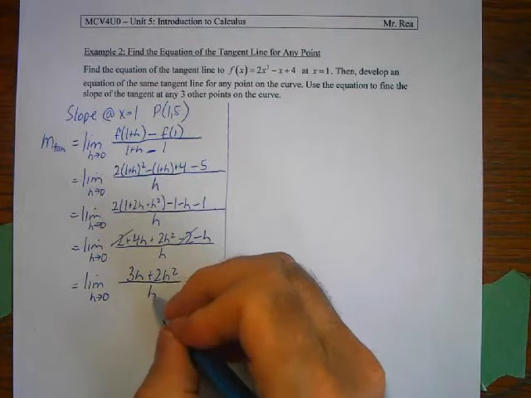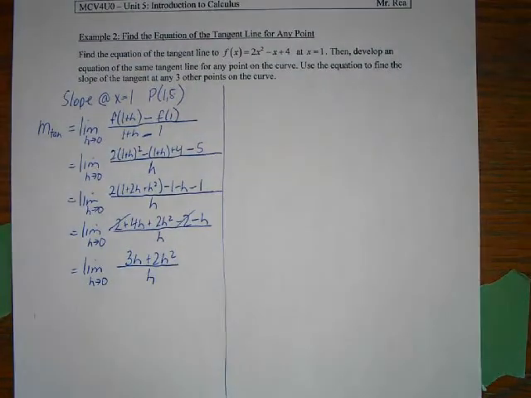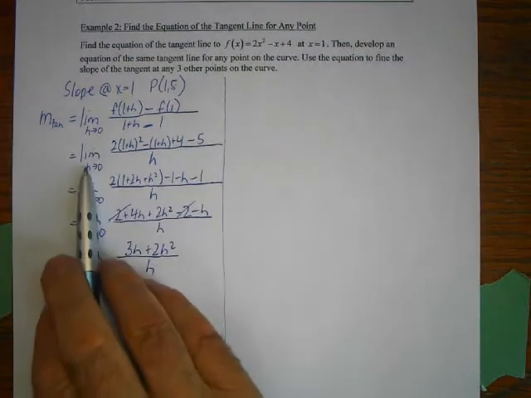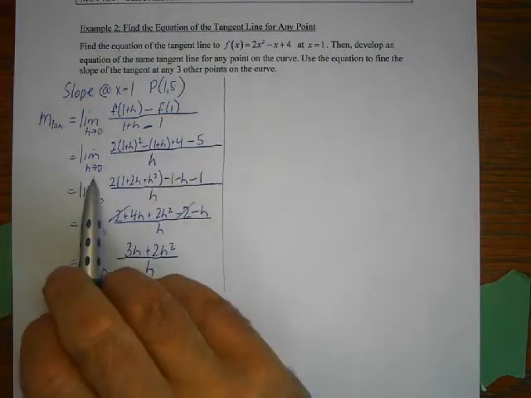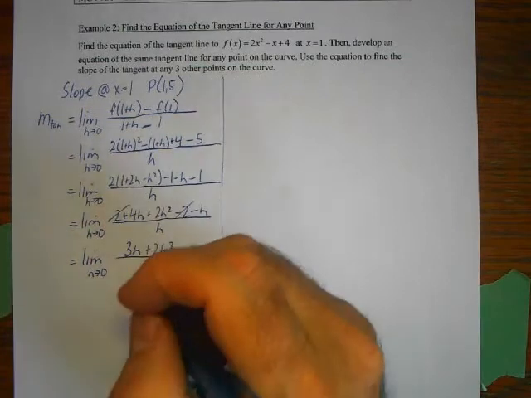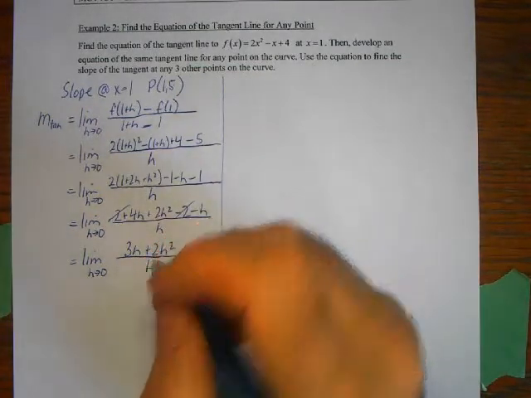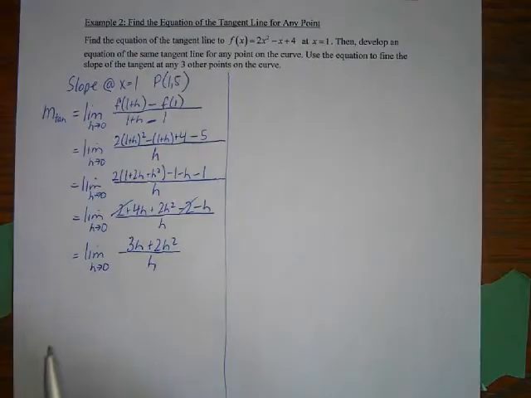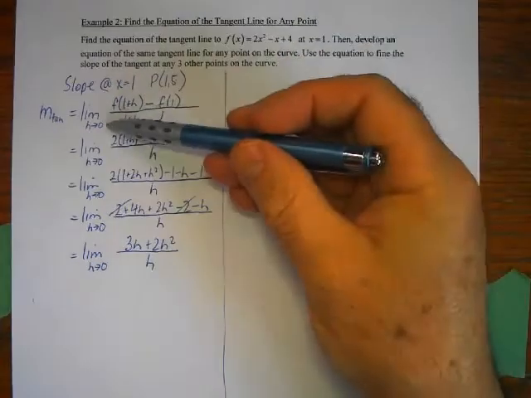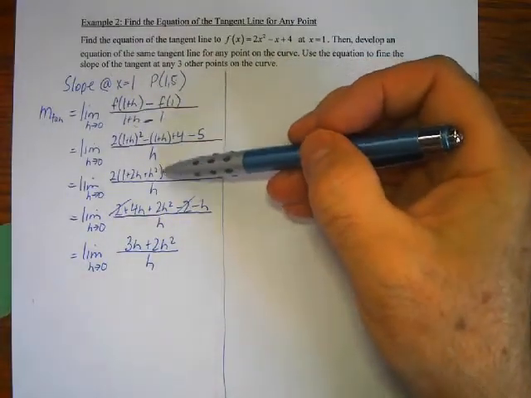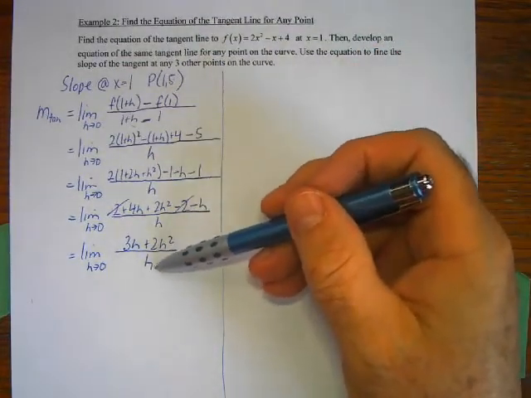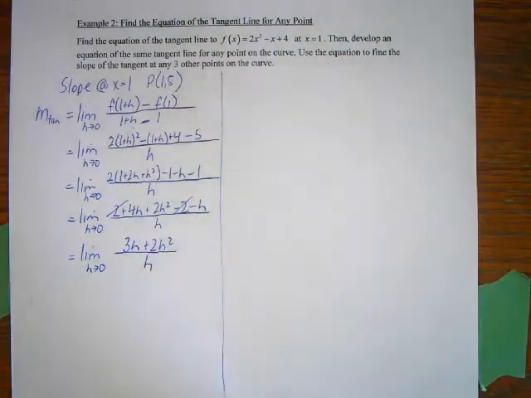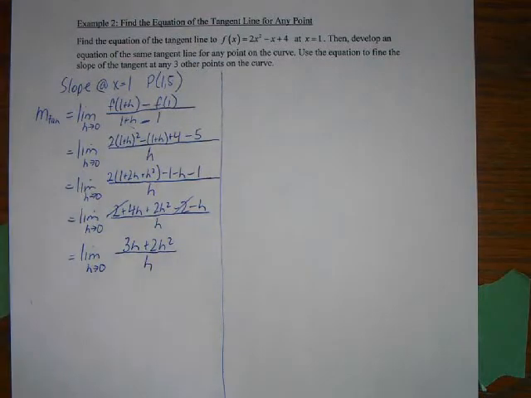Now remember I was talking about this limit as h approaches 0. Well, if you can plug in h equals 0 here and have something that makes sense, you should do it. But in this case, if I plug in h equals 0 anywhere so far, we put a 0 on the bottom, and dividing by 0 is not allowed, so I can't actually apply this yet.